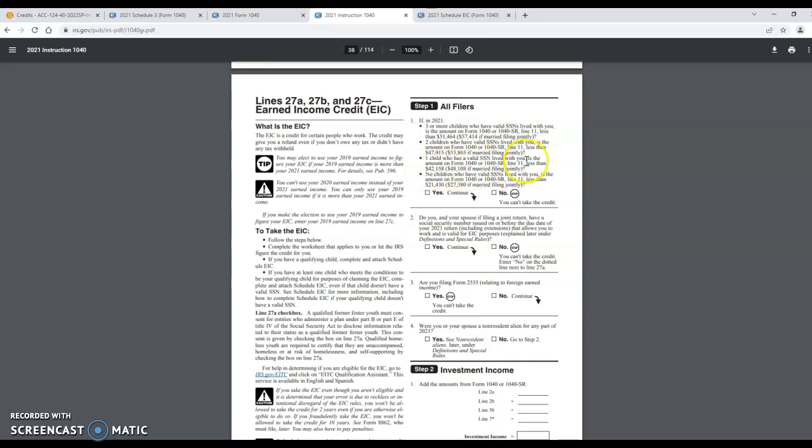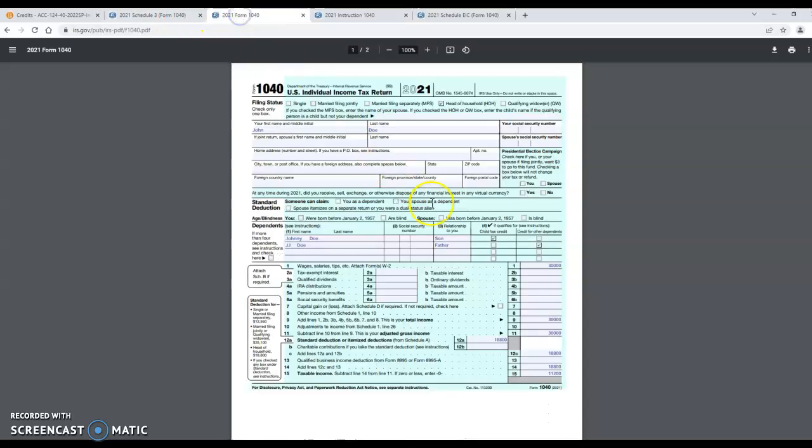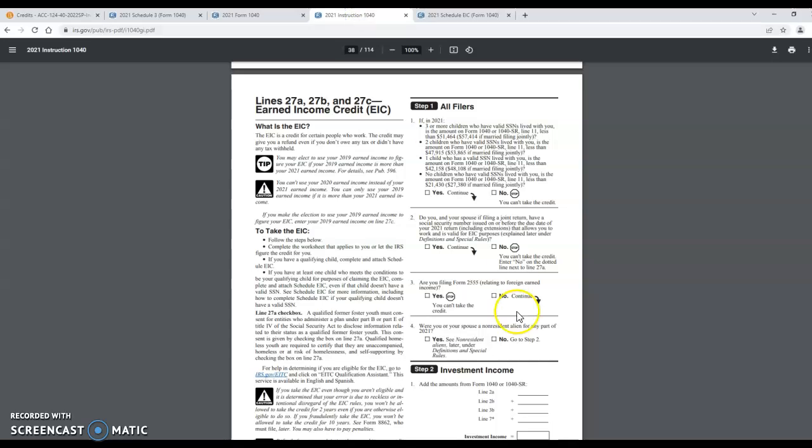Well, yes, his AGI, line 11, was 30,000. So that's less than the 42,000. So he's good, and we can check yes, and it says to continue on. If he had too high of AGI, you stop right there. He's not going to be able to take the EIC.